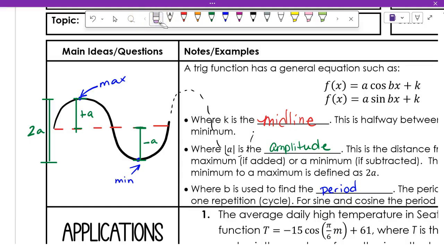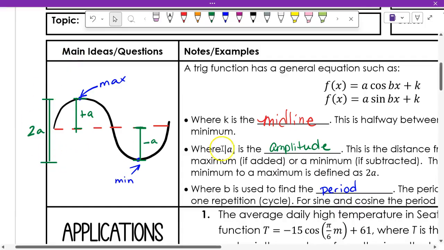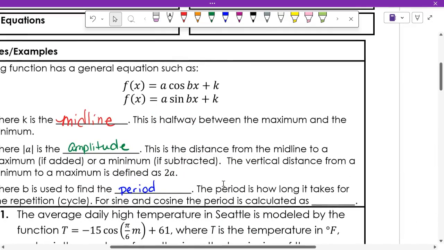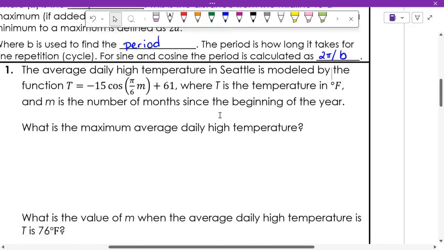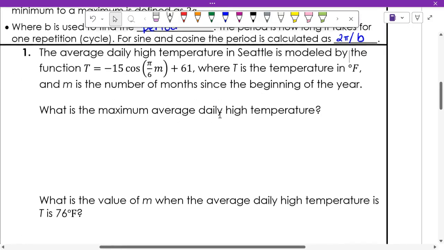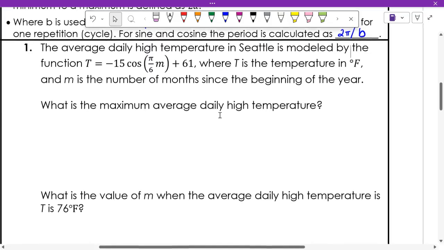So one period is one cycle before it starts to repeat again. Now, for sine and cosine, we calculate our period as 2 pi divided by whatever value is in B. That tells me how long from start to finish it took before it repeats. Okay, so let's use this information and actually apply it and solve these problems.